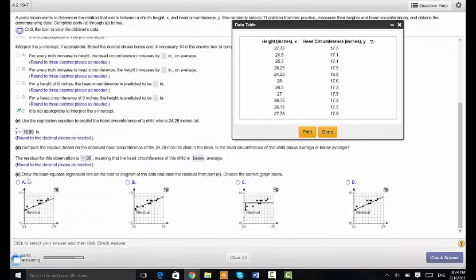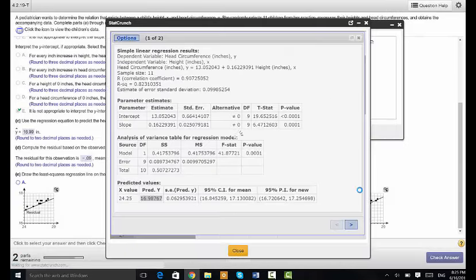Part E asks you to draw the least squares regression line on the scatter plot. Here is how you do that in StatCrunch. I have to open that again.